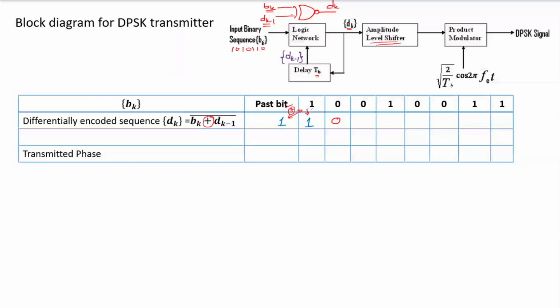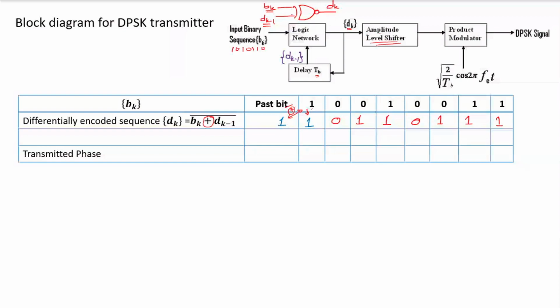Next, when the input is 0 here, what is the output? 0 XNOR 0 is 1. And so on: 1 XNOR 1 is 1, 0 XNOR 1 is 0, and the rest you can see and verify.